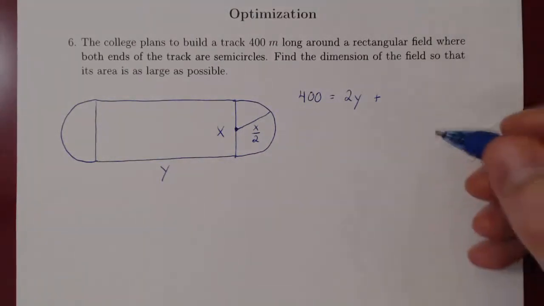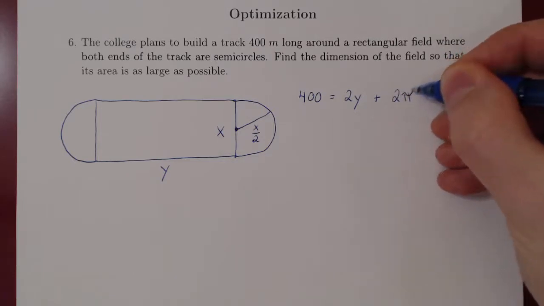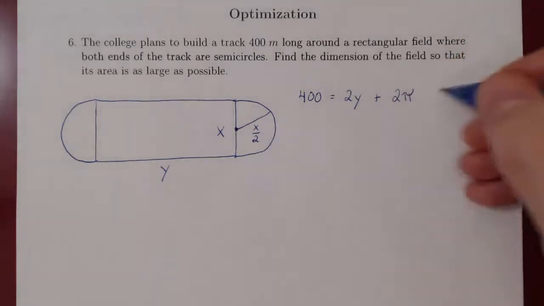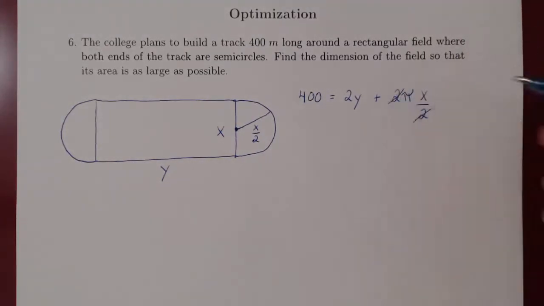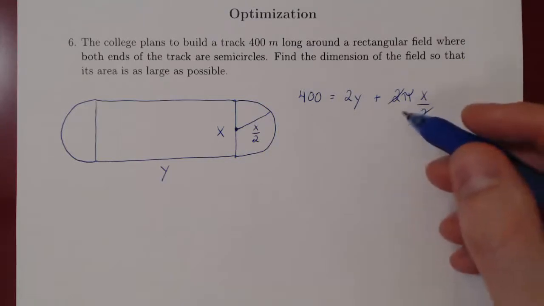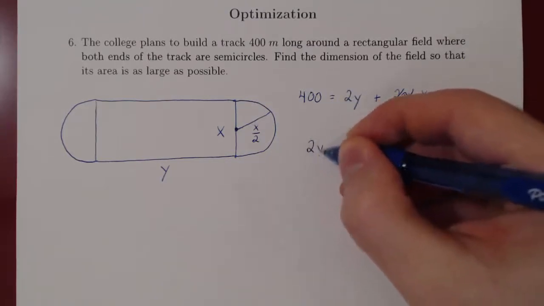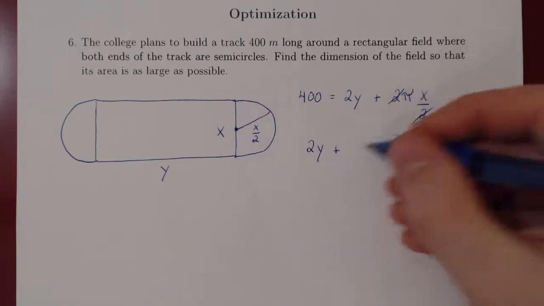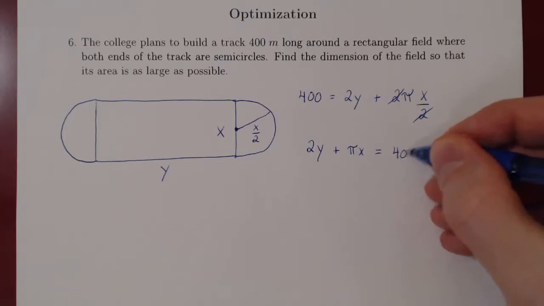The circumference of a circle of radius r is 2 pi r. So what we have here is 2 pi times the radius of x over 2. So we can cancel the 2 over 2, and we're left with, if you write this backwards, 2y plus pi x, and this equals 400.